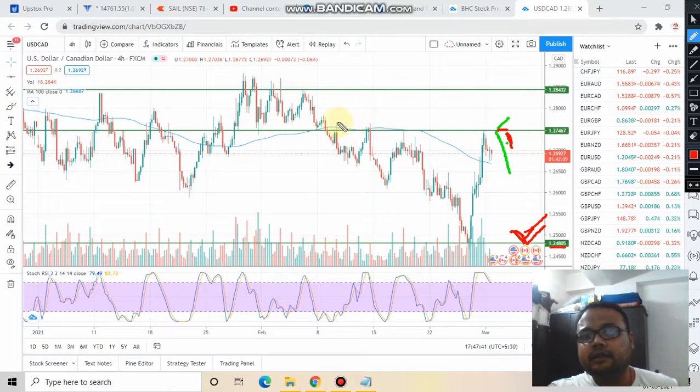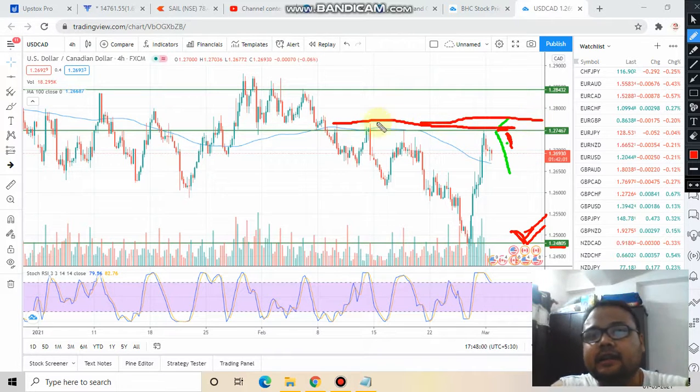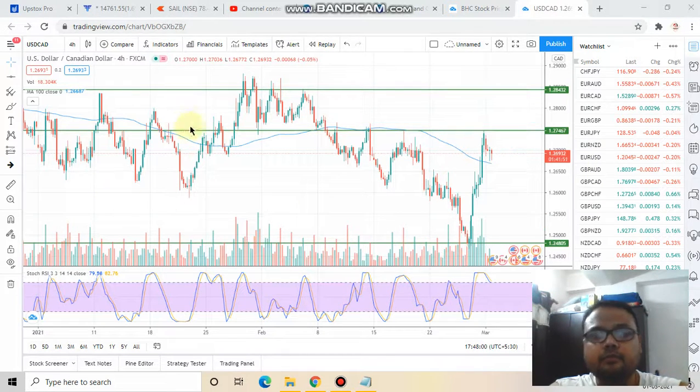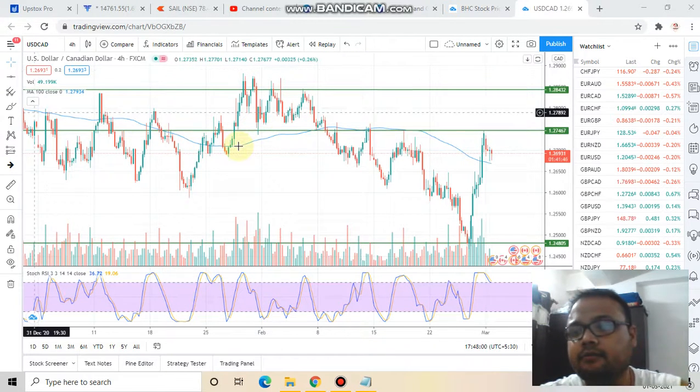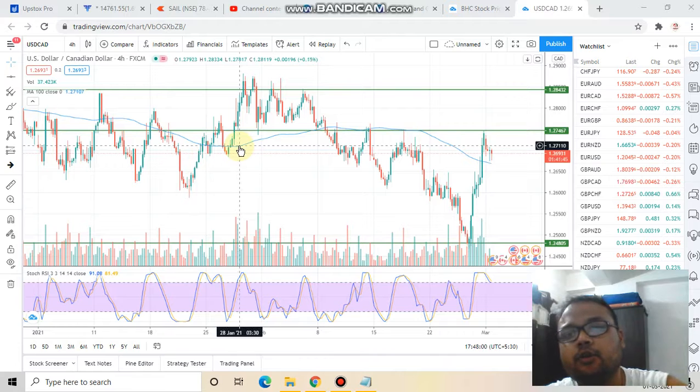Or let the market cross this level, sorry about the bad drawing of the line, then only go for a buy order here. So it's kind of critical with the US dollar Canadian dollar chart. So this is the analysis of this pair for Monday 1st March 2021.